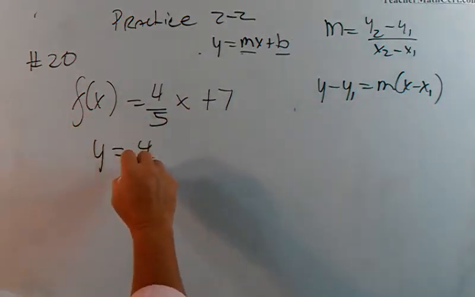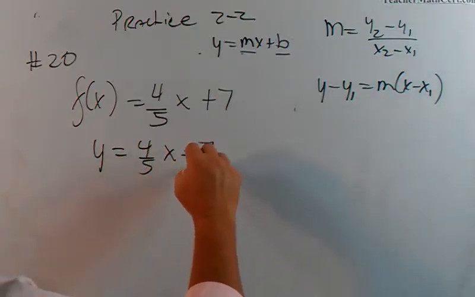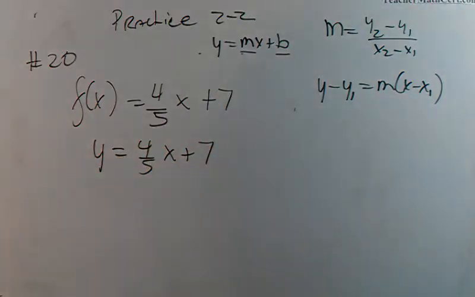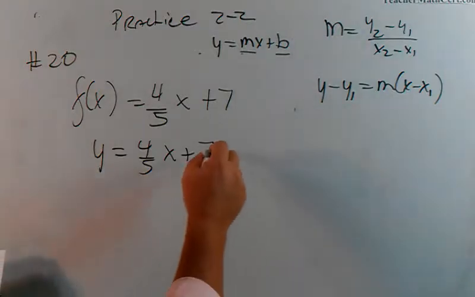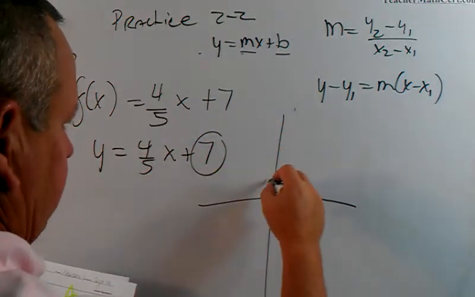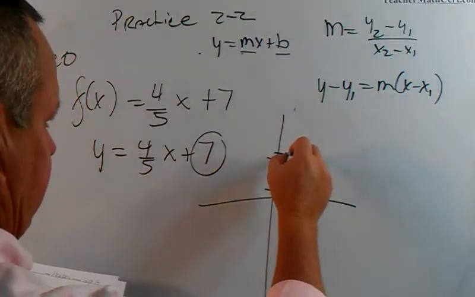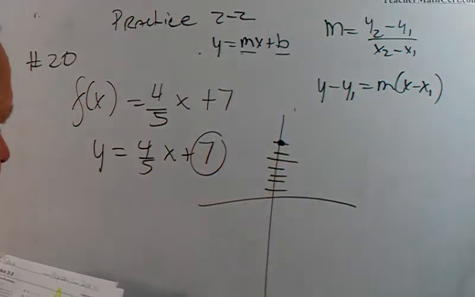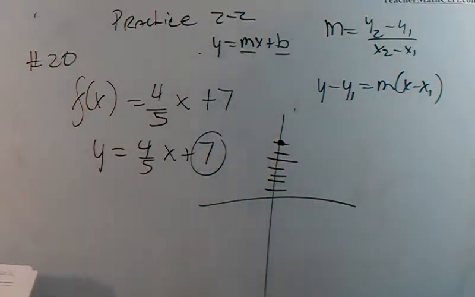Y is equal to 4/5 x plus 7. The y-intercept is 7. 1, 2, 3, 4, 5, 6, 7. There's where it crosses the y-axis. The slope is just read right off the graph.